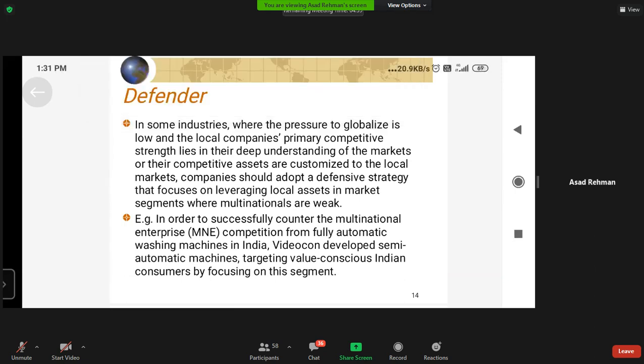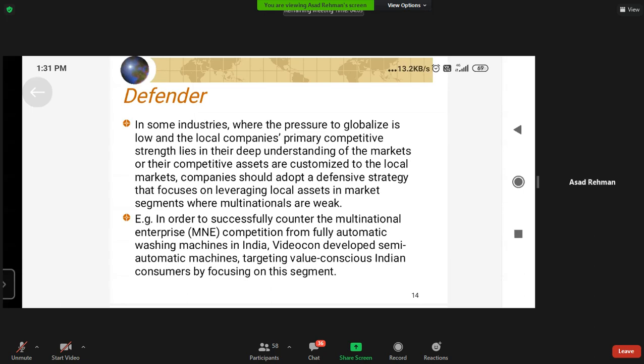So you have to have a very strong defensive strategy. You should try to develop your local market in such a way that you have a strong customer base who are more loyal to your products and services, right?